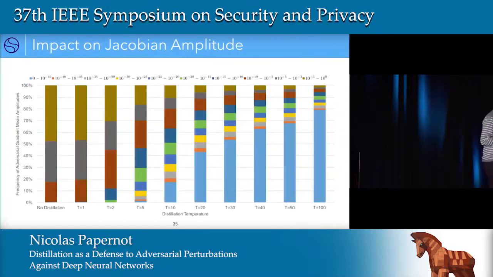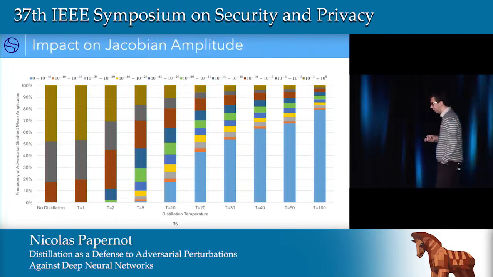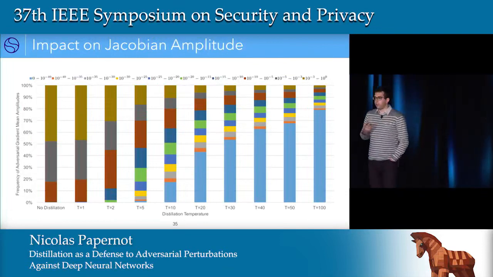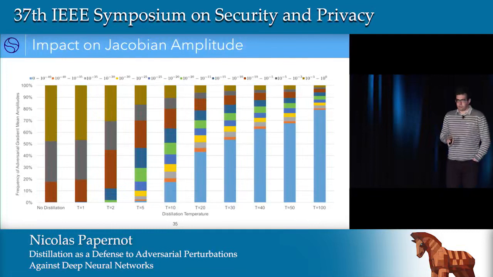So also, the impact of the distillation on Jacobian amplitudes. If you remember earlier, I said that the Jacobian amplitudes are inversely proportional to temperature. And you can see that we measured this empirically. Each histogram is for a given temperature. The one on the left is no distillation, and the one on the right is the highest temperature.